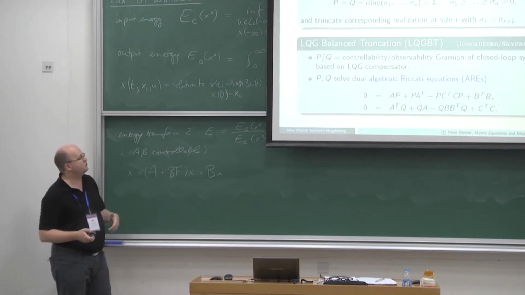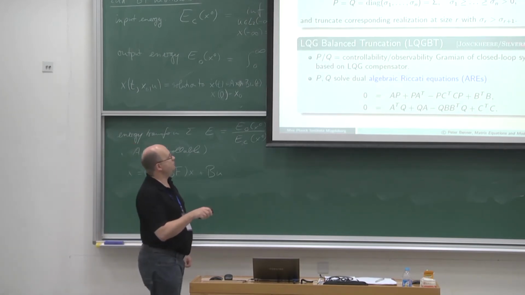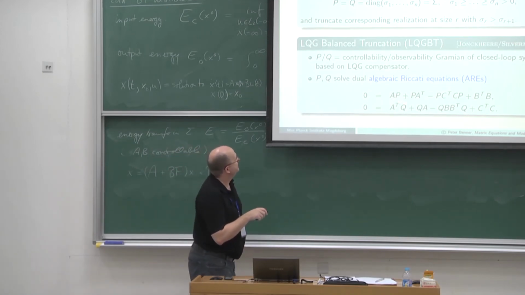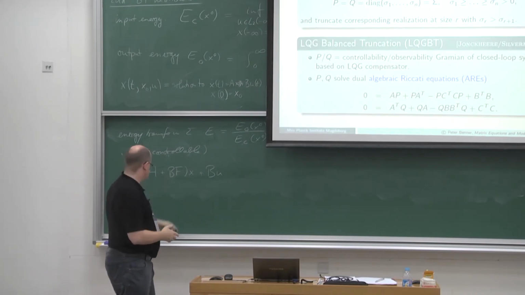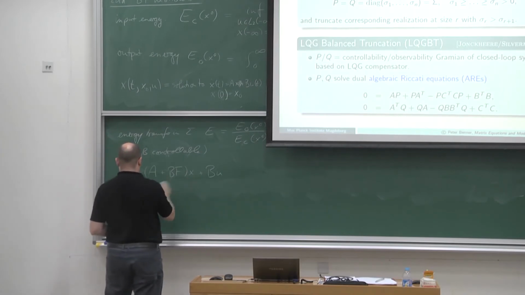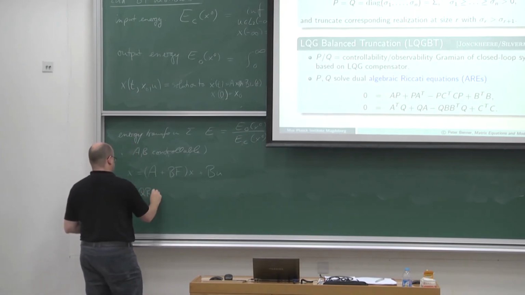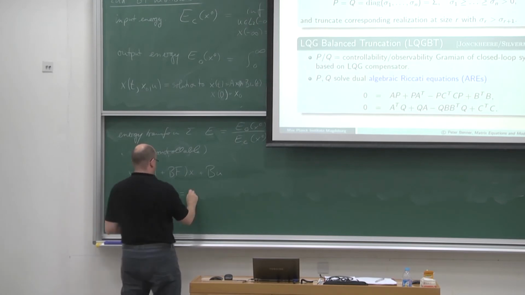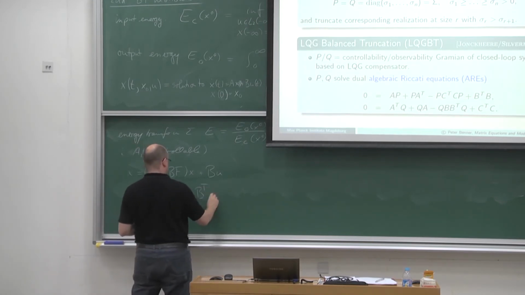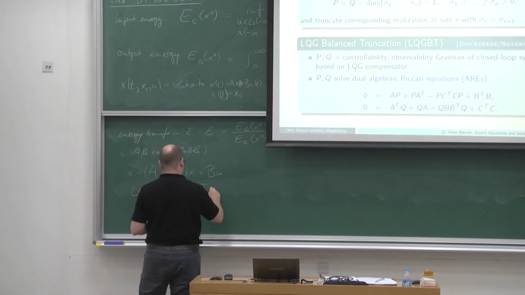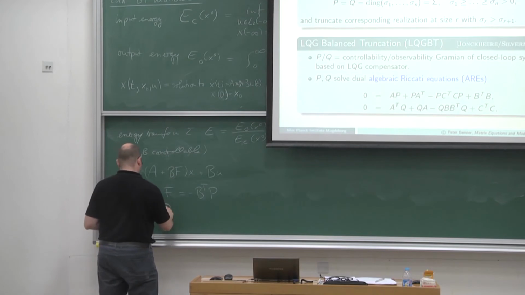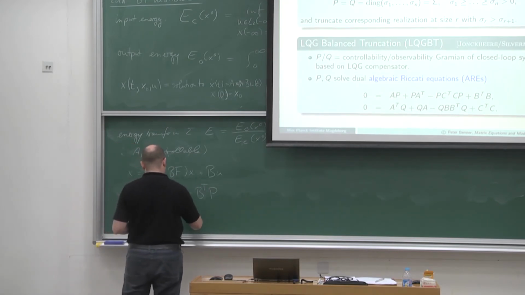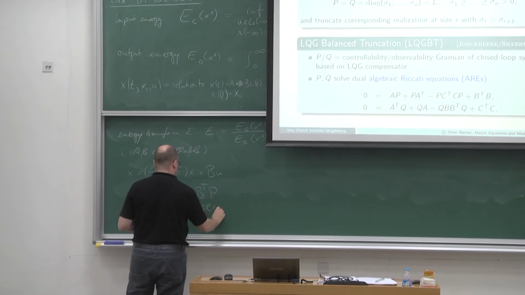And this is, in a way, what is done here in one step. Namely, if you compute that feedback F, you have to solve this algebraic Riccati equation. In LQR, that F is equal to minus B transpose P, where P solves the algebraic Riccati equation, the one above.